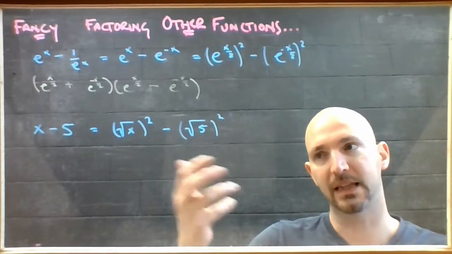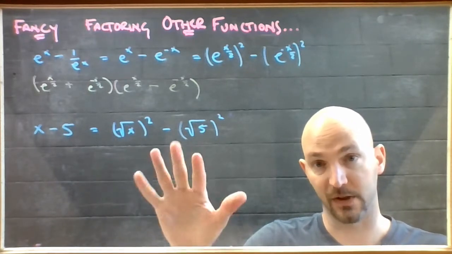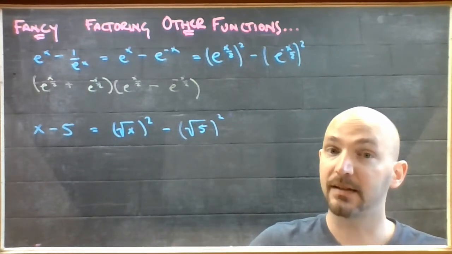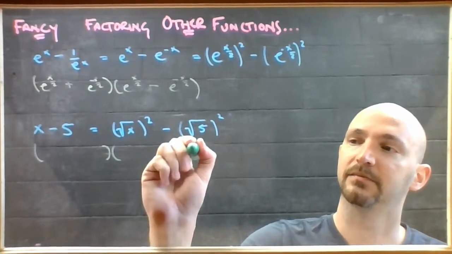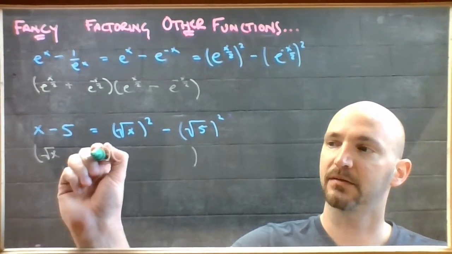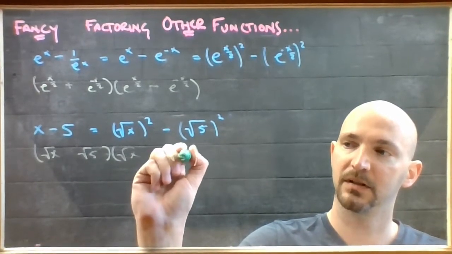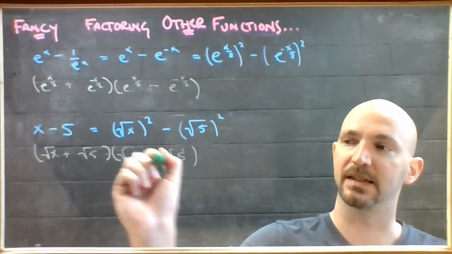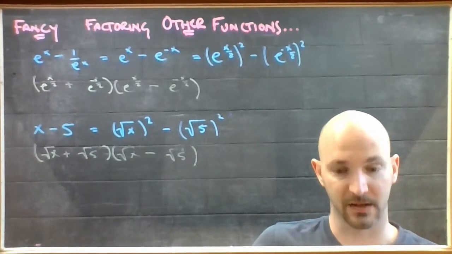So once you make these transformations using the different function notation, you can set it up as a difference of squares. So two brackets, root x and root 5, root x and root 5. One is positive, one is negative. So it does work if you have some sort of reason to do so.